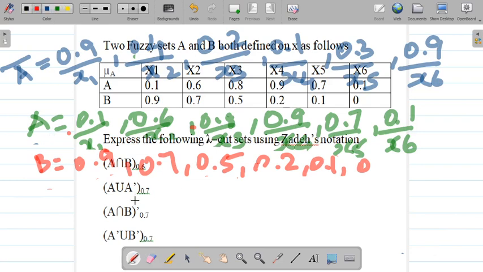So next one is A bar union B bar with lambda cut 0.7. Previously we derived the A bar value. Now we are going to derive the B bar value.